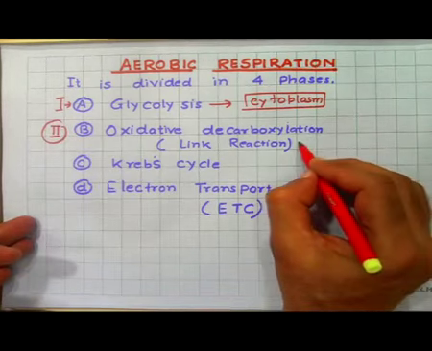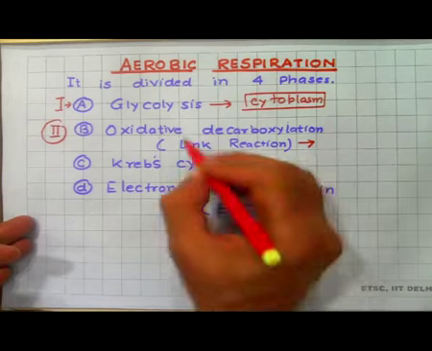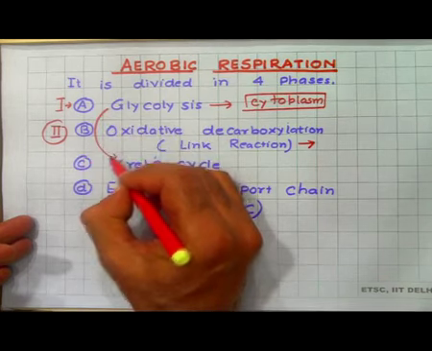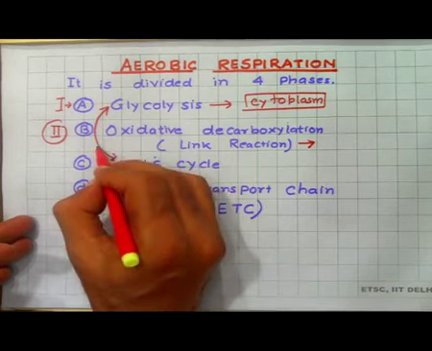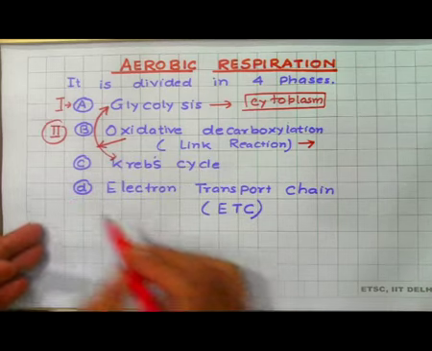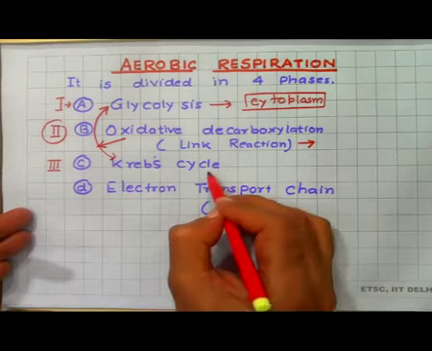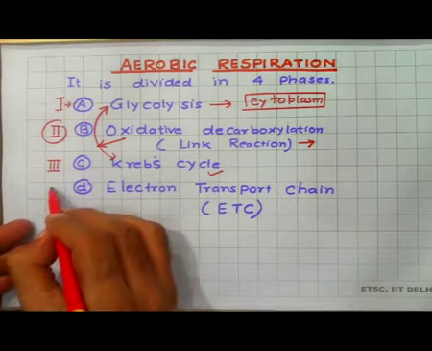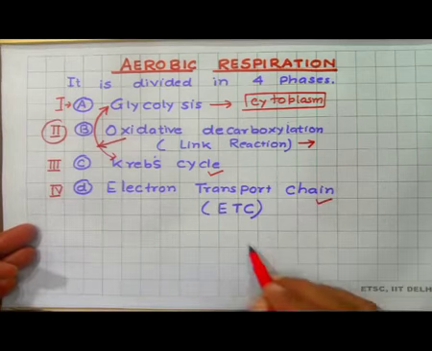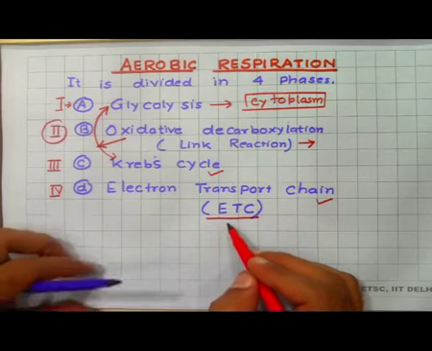It is also called the link reaction, because it links glycolysis with the Krebs cycle. And the third step is called the Krebs cycle, and the fourth step is the electron transport chain or ETC.